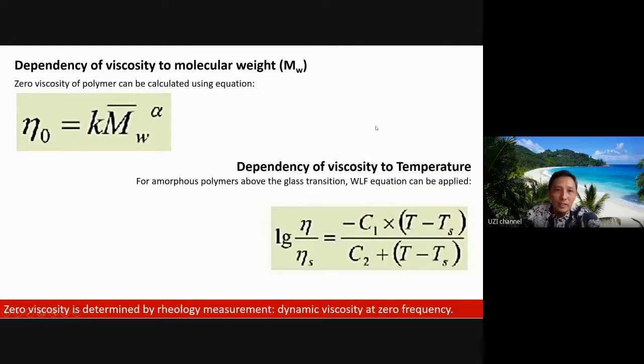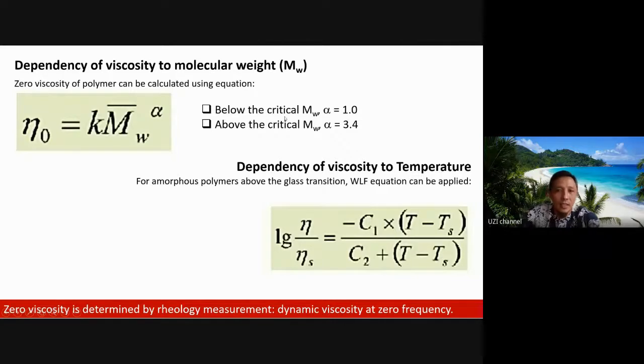Okay, this is the dependency of viscosity on molecular weight. We have the equation of this, where alpha and K are constants.